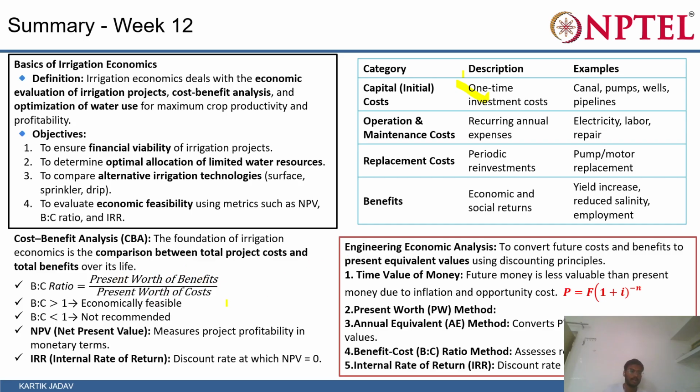If your benefit to cost ratio is greater than 1, this project is economically feasible, and if it is less than 1, then this project is not recommended. Then net present value measures the project profitability in monetary terms, and IRR, the internal rate of return, is the discount rate at which net present value is 0.